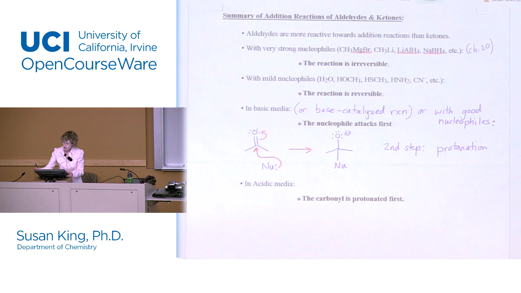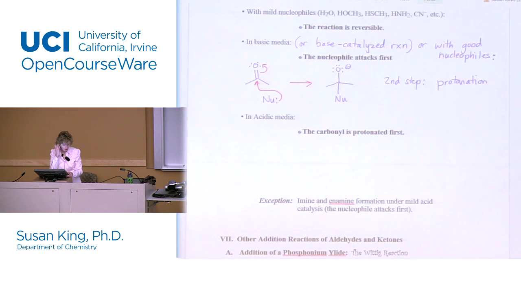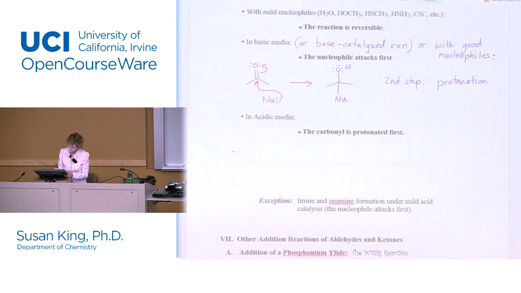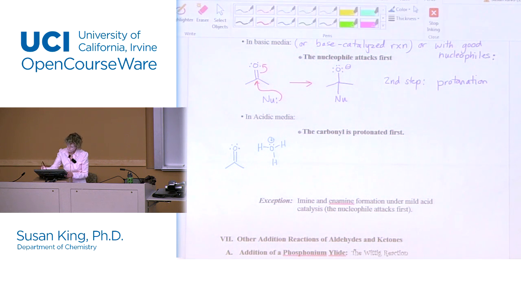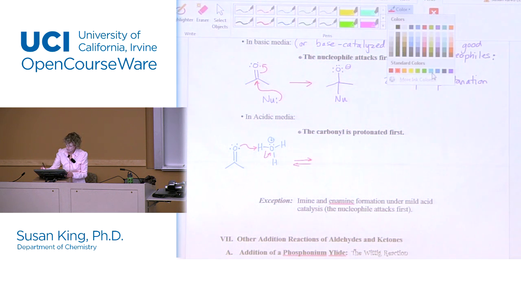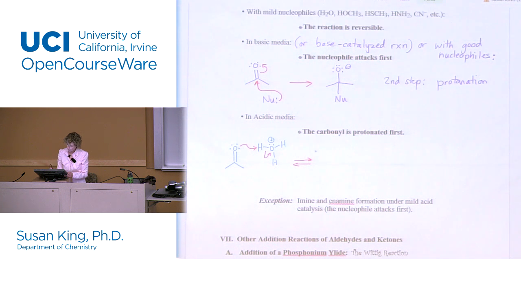want to do that. In an acid catalyzed reaction, the carbonyl is protonated first. So we protonate the carbonyl first in acid catalyzed reaction. Reversible arrows, and we get our protonated carbonyl, which is now more electrophilic.